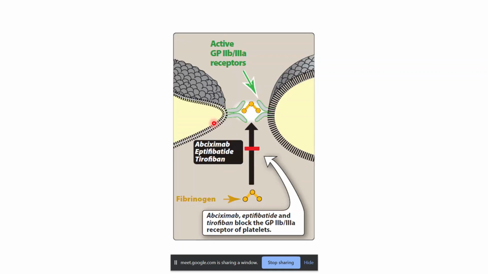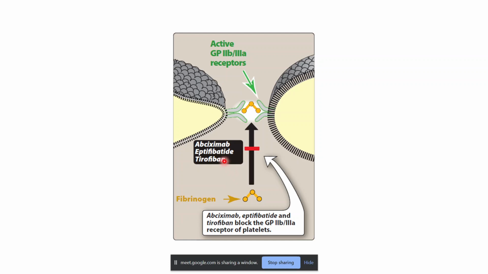So the third group of drugs is the antibodies. All these are chimeric monoclonal antibodies: abciximab, eptifibatide, and tirofiban.